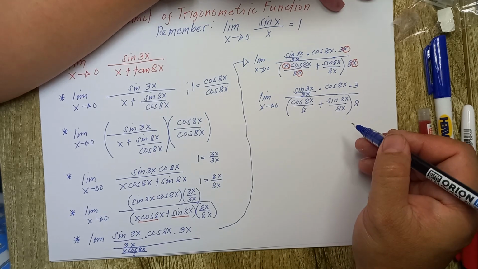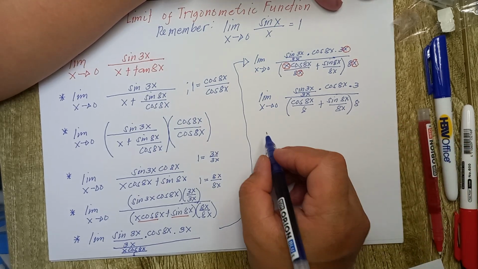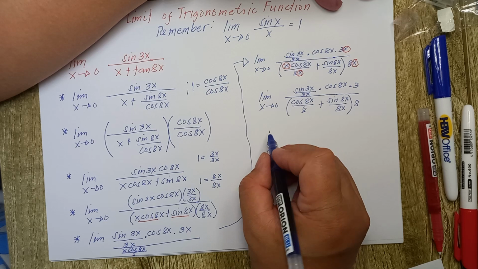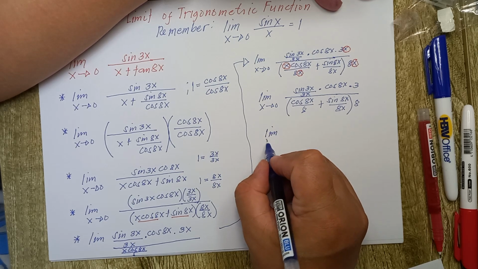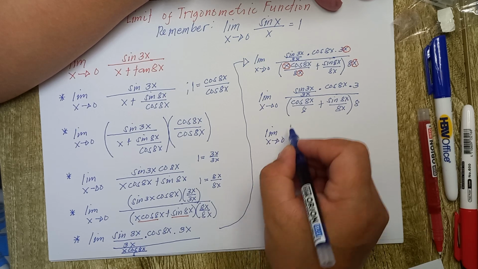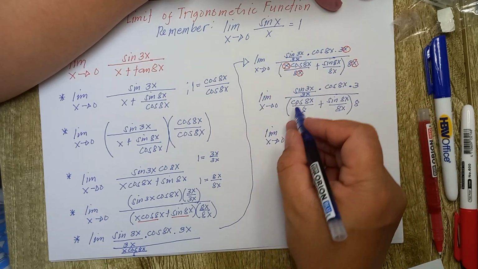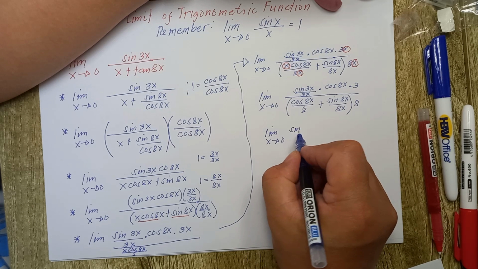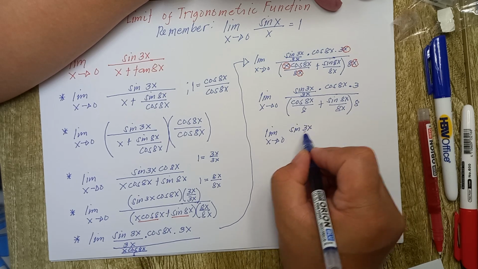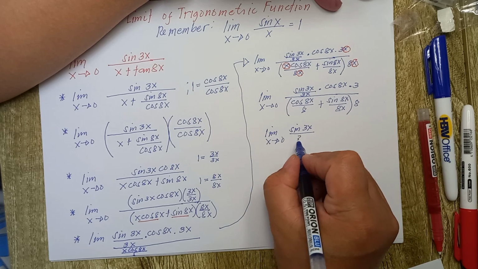Now applying the properties of limit, we do have a new statement saying the limit as x is approaching 0, we distribute now in here, that is the same as sine 3x over 3x.